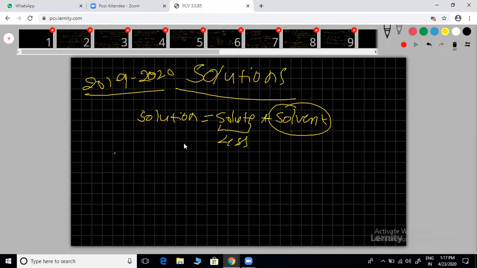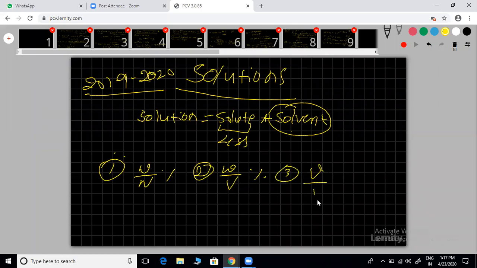For homogeneous solutions we have so many concentration methods: weight by weight percent, weight by volume percent, volume by volume percent, and fourth, strength of solution.